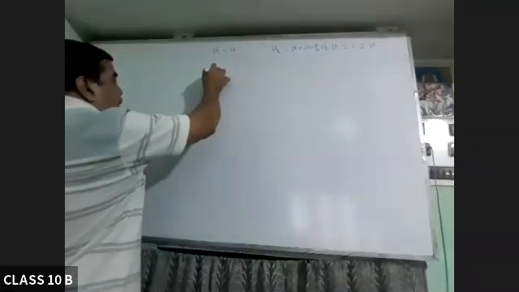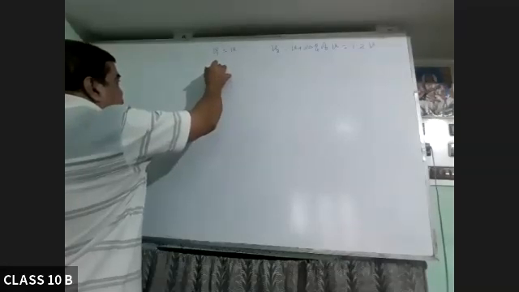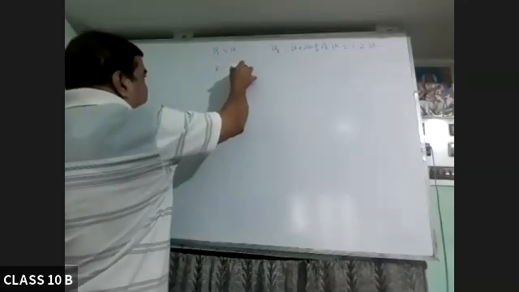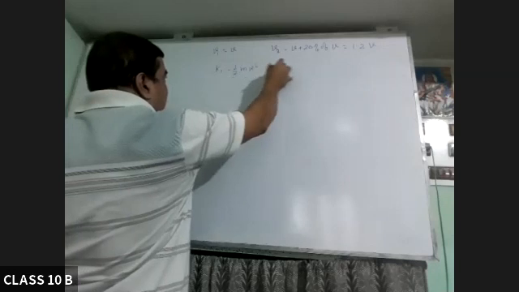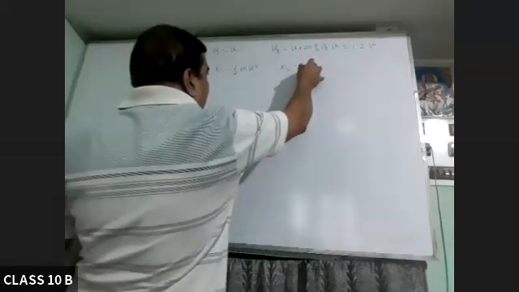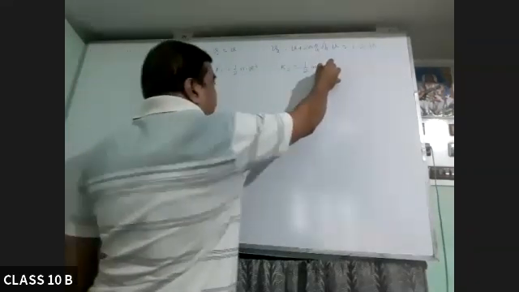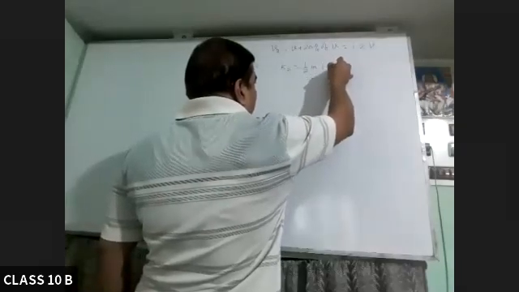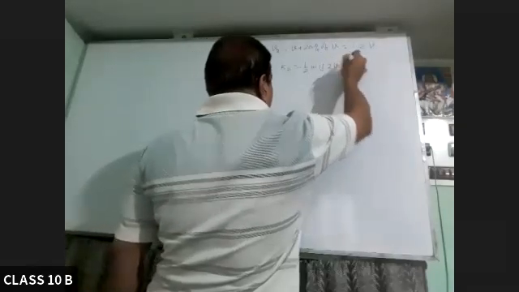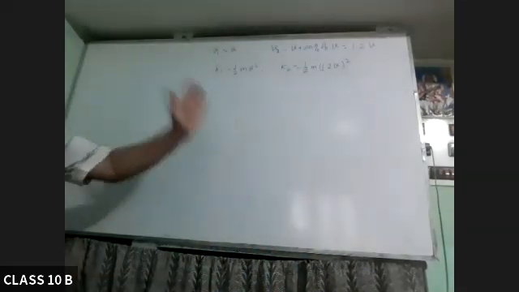Mass is same. So what is initial kinetic energy? K1 will be half mv square. K2 will be half m (1.2 v) whole square. Mass is same, so m will remain same.